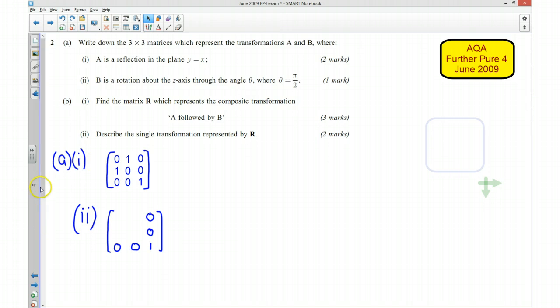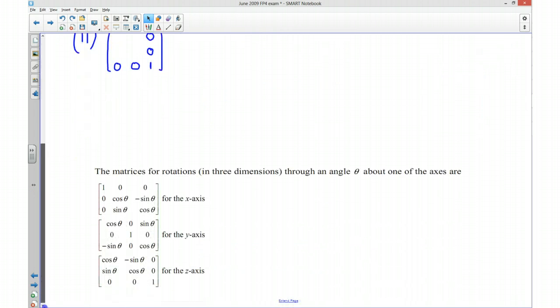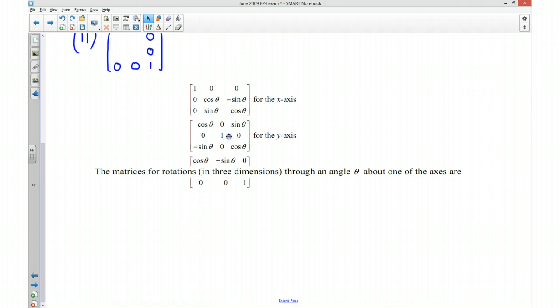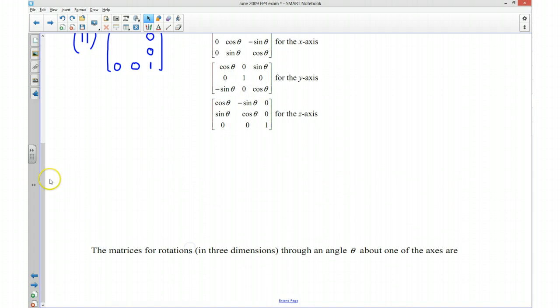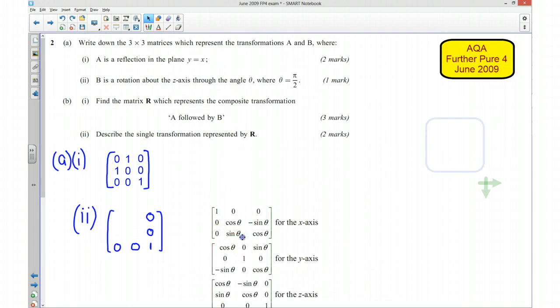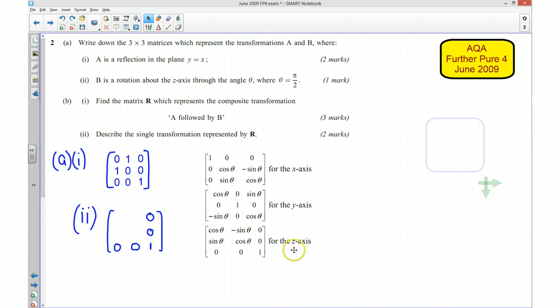Okay, if I have a look at our formula book, this should be on one of the pages, and it's saying that the matrices for rotations in 3 dimensions through the angle theta about one of the axes are given by these here. We've got something that's about the z-axis, so it's this one here that we want to be using.